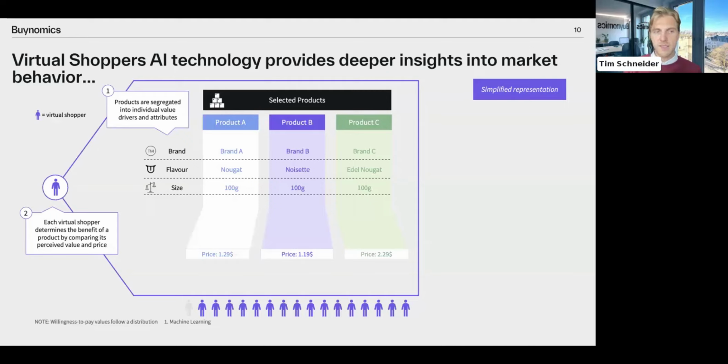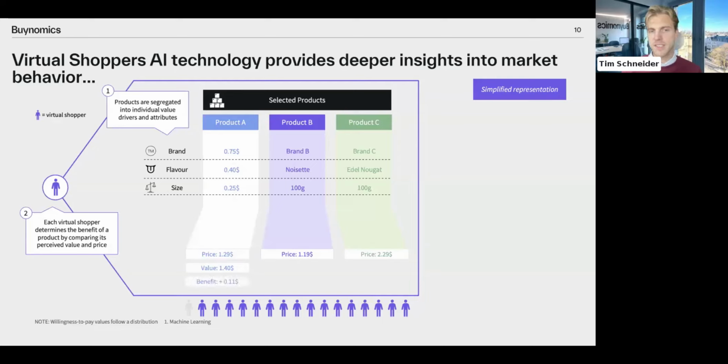Each of our virtual shoppers is unique in that they have a certain willingness to pay for the different attributes. In this case, for brand A, 75 cents, for the flavor nougat, 40 cents, and so forth. All of these values together create the overall value of that product for this one virtual shopper.